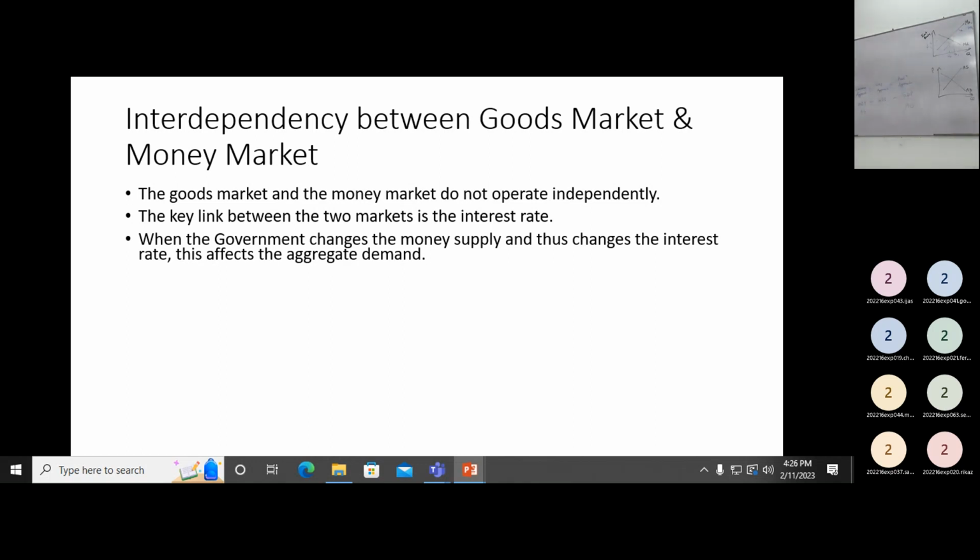What happens when the government changes money? Okay, so the government increases money supply, what will happen?